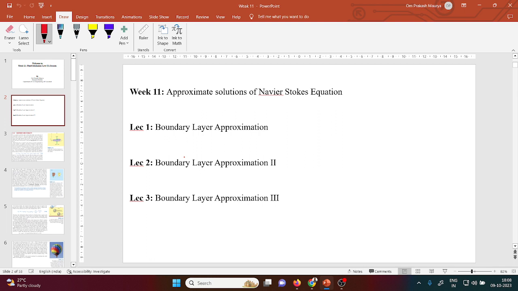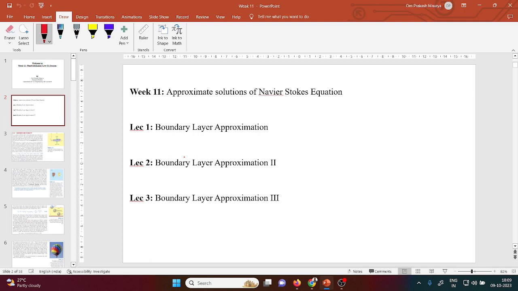Why is it important, how does it come into the picture, and when? Before boundary layer approximation, what was the approach for solving fluid mechanics problems, and after developing it, what is the approach? We'll see all these things in this lecture.